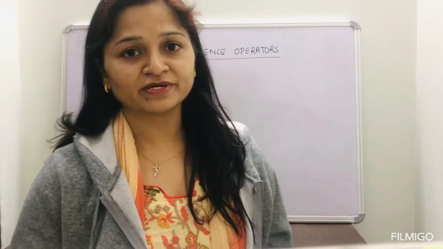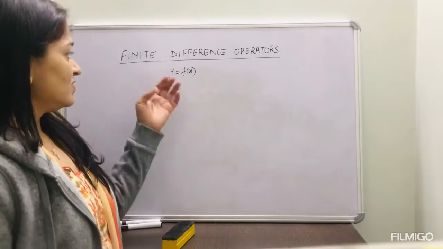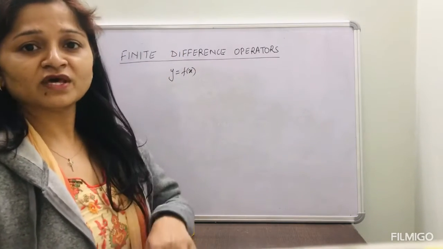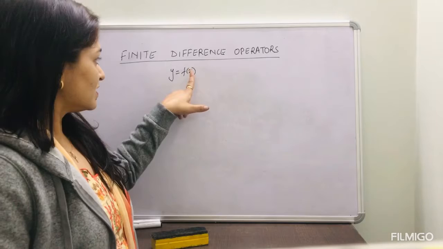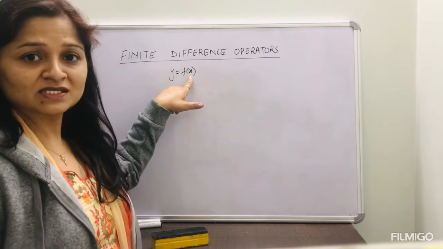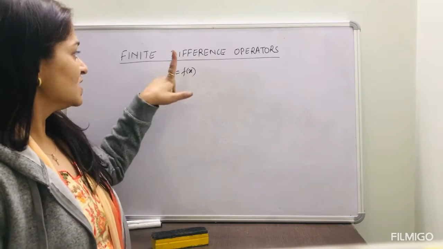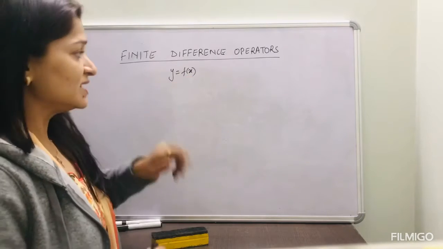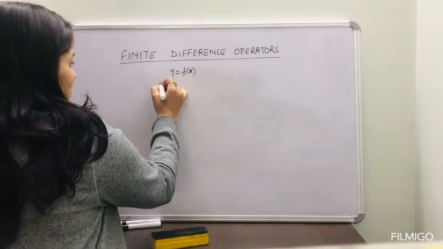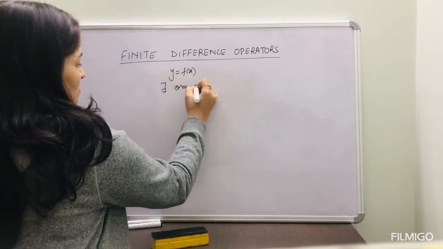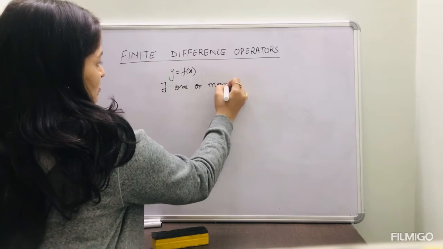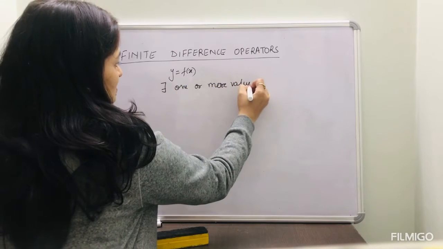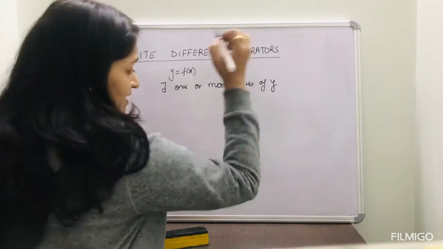Today our topic is finite difference operators. Let we have a function y is equal to f of x. Corresponding for every value of x, there exist one or more values of y.